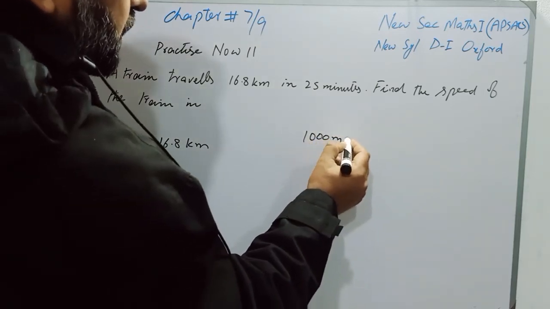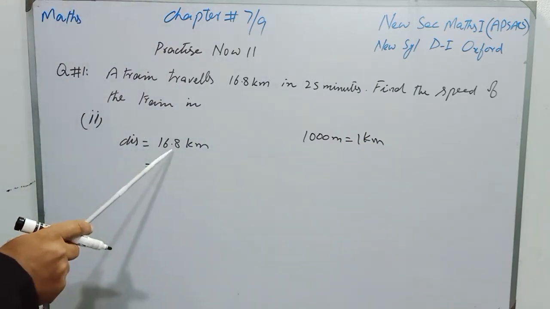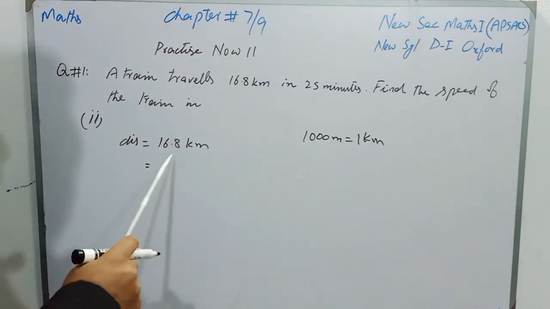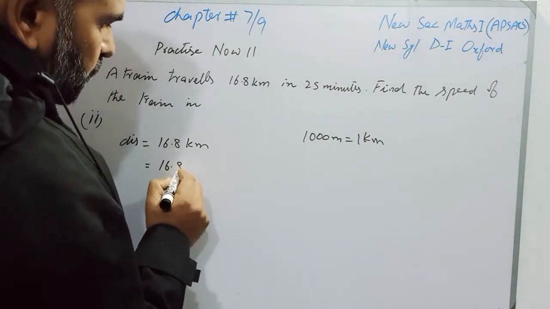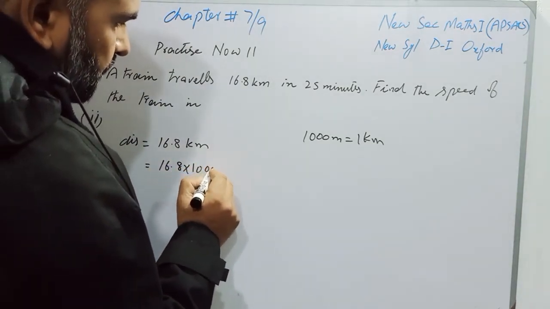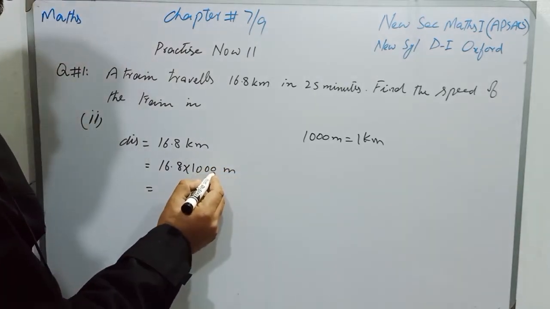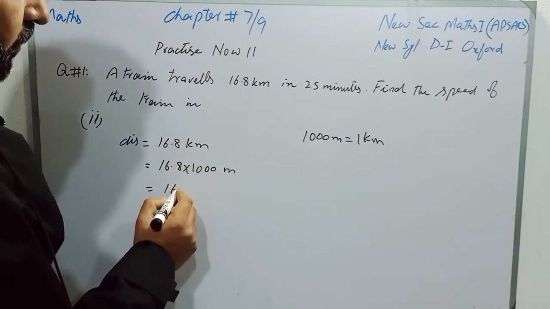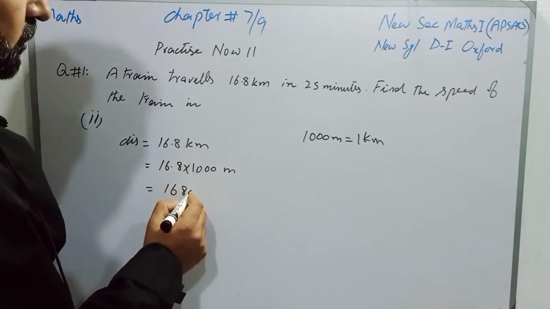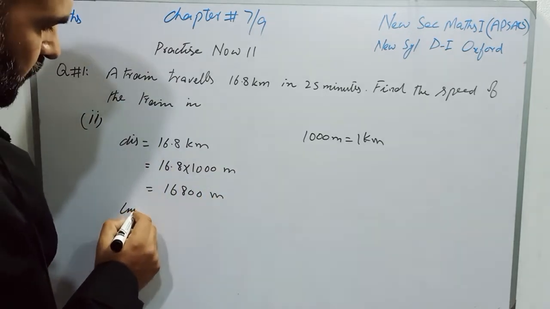So for converting kilometer into meter, I have to multiply it with 1000, and it will become 16.8 multiplied by 1000, and now it is meter. There are 3 zeros with 1 that are multiplying, so the product will be 16800 meter, and time is 25 minutes.